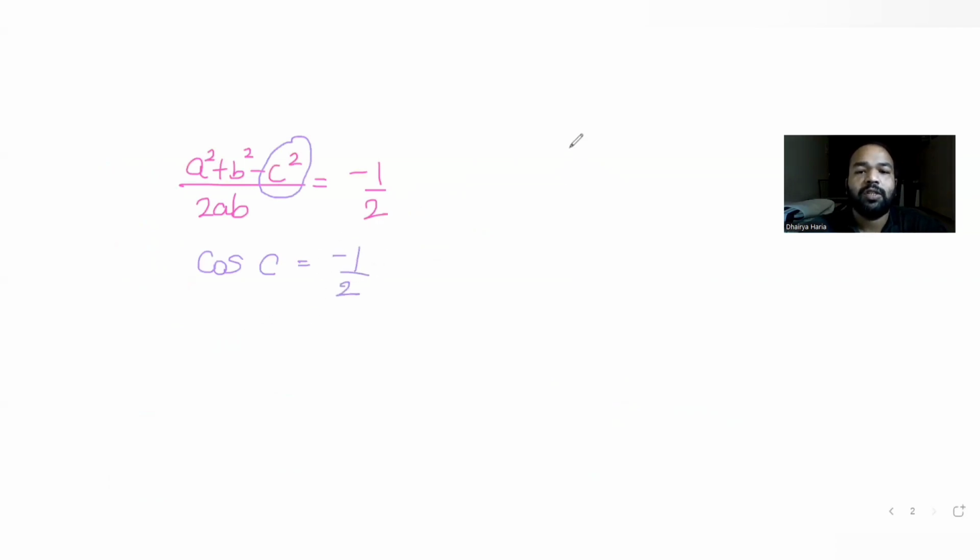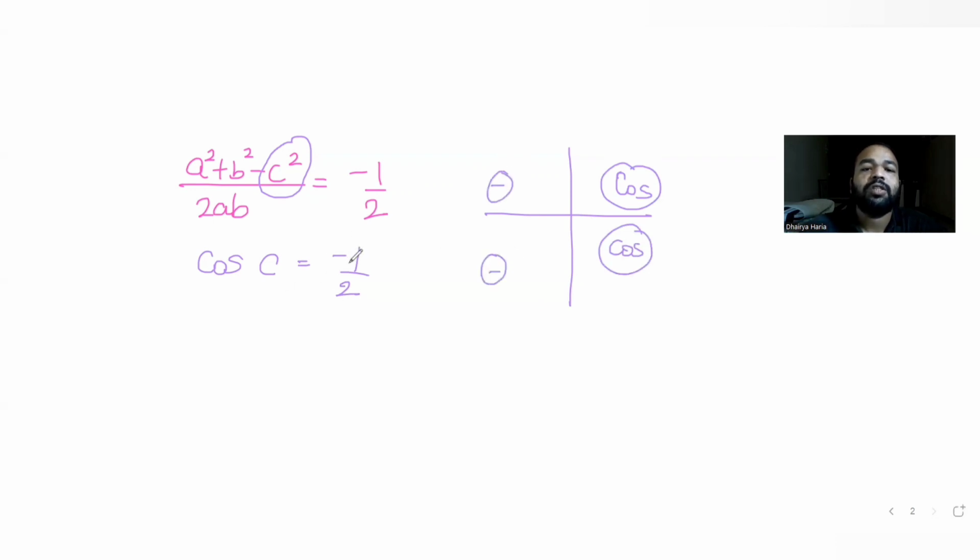And if you see, cos is positive in the first and the fourth quadrant. Here cos is negative. So when cos is negative, minus half, in the second quadrant, the angle becomes 180 minus theta, where theta is the magnitude, that is half, and half comes from 60 degrees.